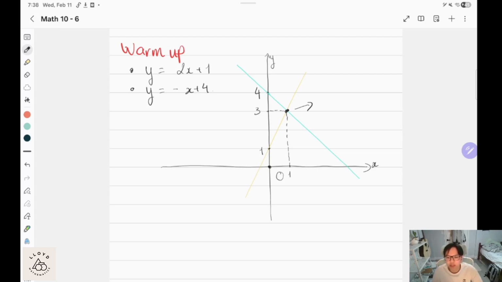But can we solve this without using the graph method? The answer is yes. In this video, I'm going to talk about two more algebraic methods to solve this, and we don't need to use a graph.